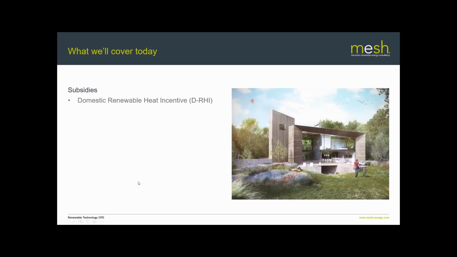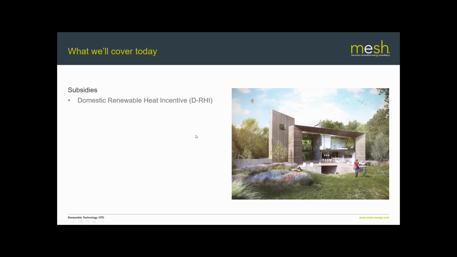We'll then look at subsidies. At the moment, there's only really one government subsidy available in the UK, which is the Domestic Renewable Heat Incentive, or the DRHI. You'll hear me refer to RHI in general, probably, but the non-domestic RHI has disappeared as of earlier this year. It's only the domestic RHI which is left. That is due for either phase out or replacement at the end of March 2022.